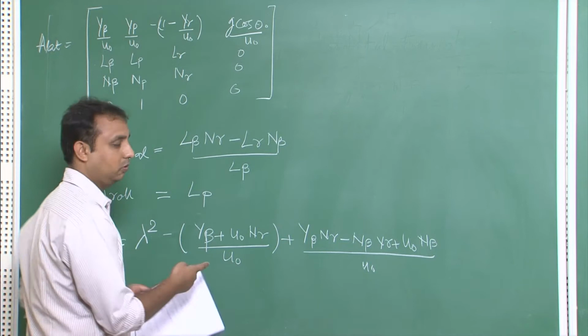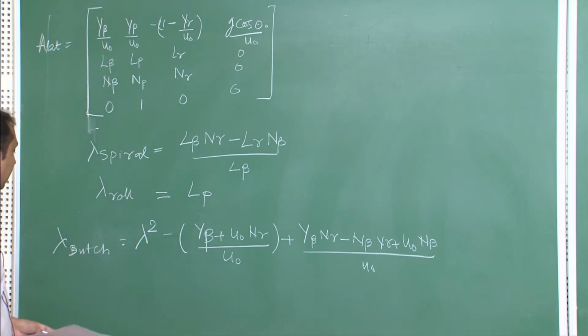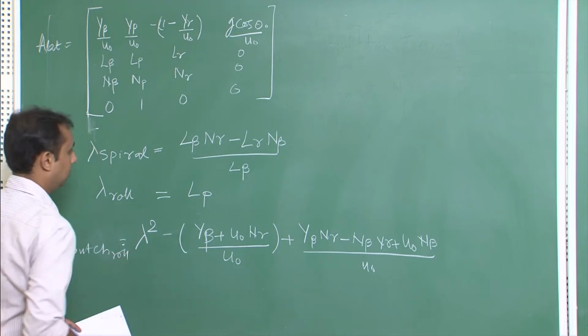These are the approximate roots for the various modes. This will be the roots given for spiral, roll and Dutch roll modes.